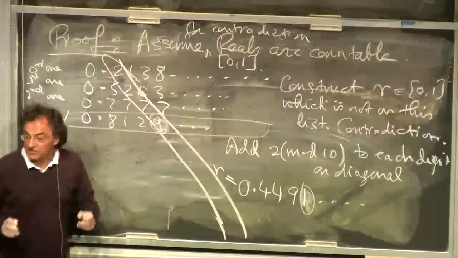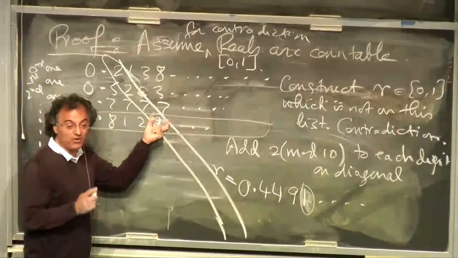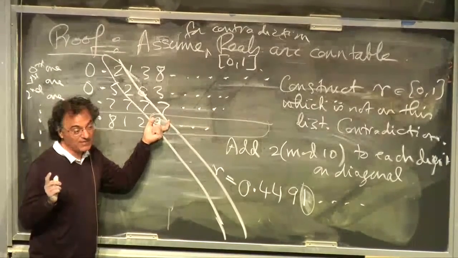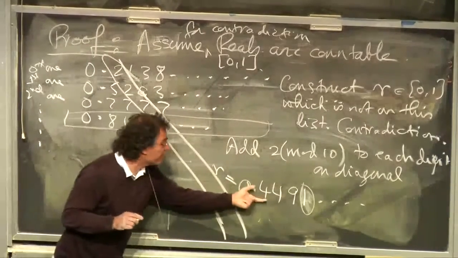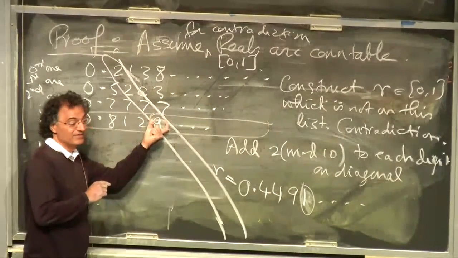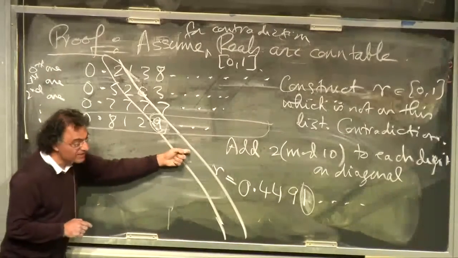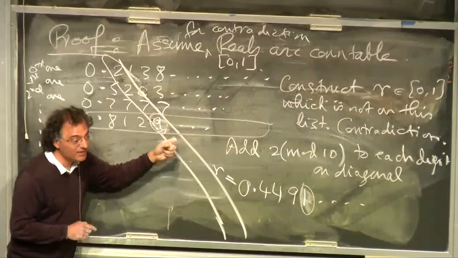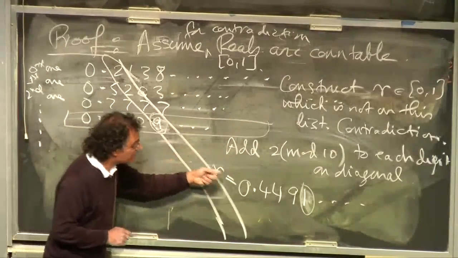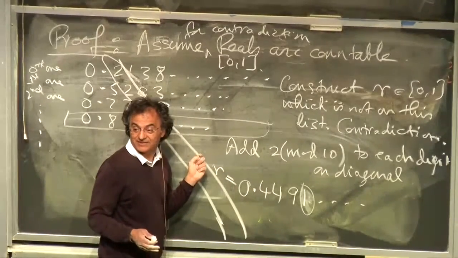So we made sure that if we were looking only at this diagonal element, we are off by at least 2. So we know that this number cannot be equal to this one because they don't agree on this diagonal element. But for every number on this list, there's a digit that occurs on the diagonal, and we know that R differs from it on that digit by construction.